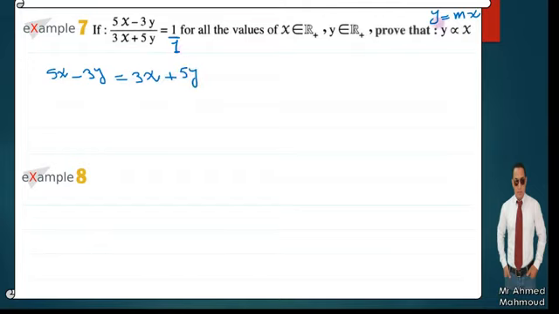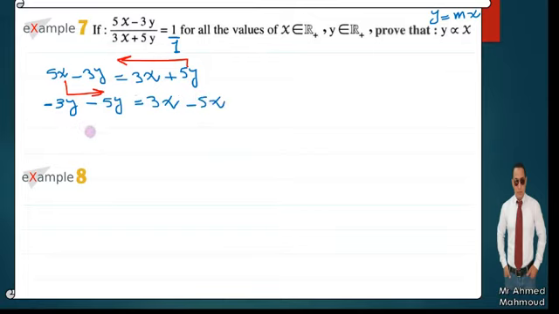Here we need y on the left side, so I will collect x on the right side and y on the left side like this. It will be negative 3y minus 5y equals 3x minus 5x.